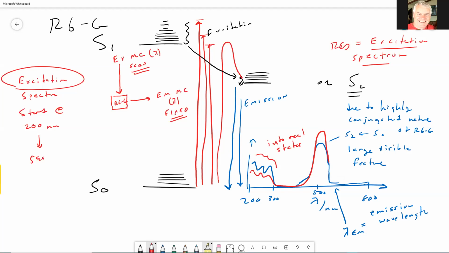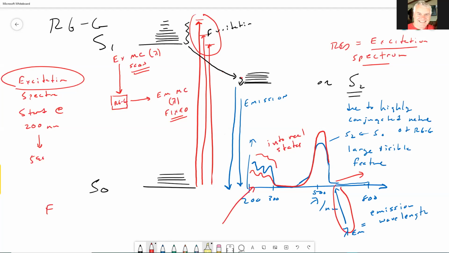As long as we're going into real states, then there's a mechanism for the molecule to translate these energies up here into this emission energy out here, so into this emission wavelength. So we've got high energy going in, and low energy coming out of the molecule.